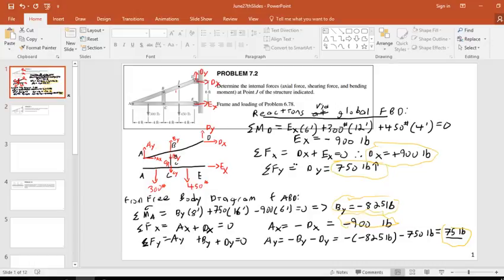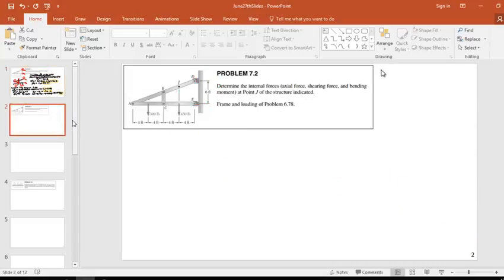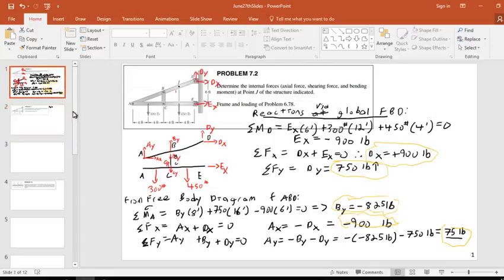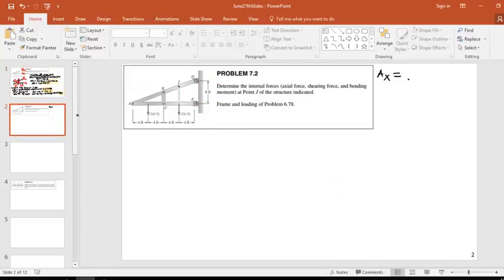So let me mark down some of this stuff. Let me transpose this over here. So AX is negative 900. What is AY again? Positive 75, right?